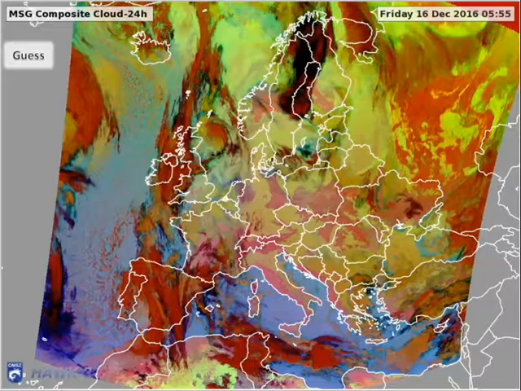So you can put some sign on the map where you can guess that there was a territory with a lot of low stratus.